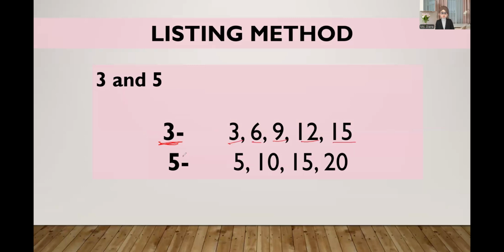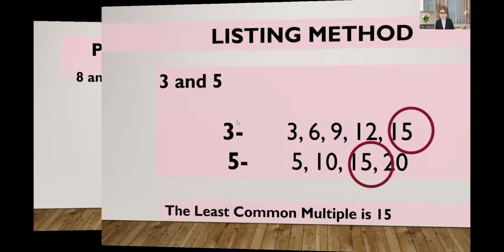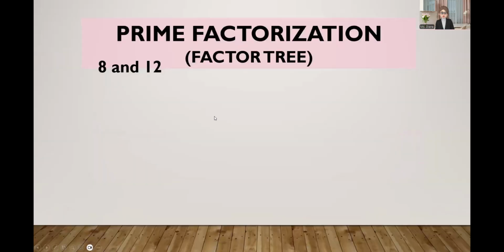The multiples of 5, by skip counting by 5, are 5, 10, 15, and 20. Then we have to identify what number is common to both 3 and 5, and that is the least number. So we have 15. 15 is the least common multiple of 3 and 5.